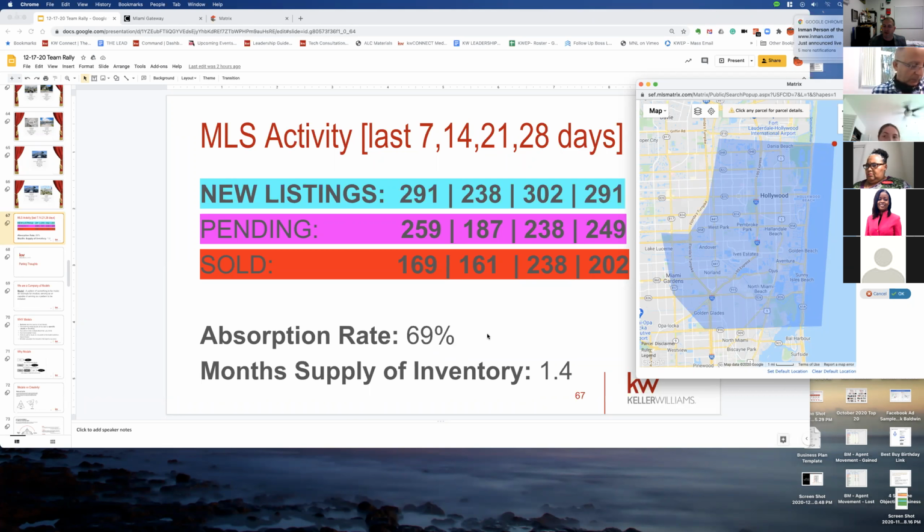Is 20% absorption and 5.5 months of inventory. That is a balanced market. So anything over 20% or anything under 5.5 months is a seller's market.